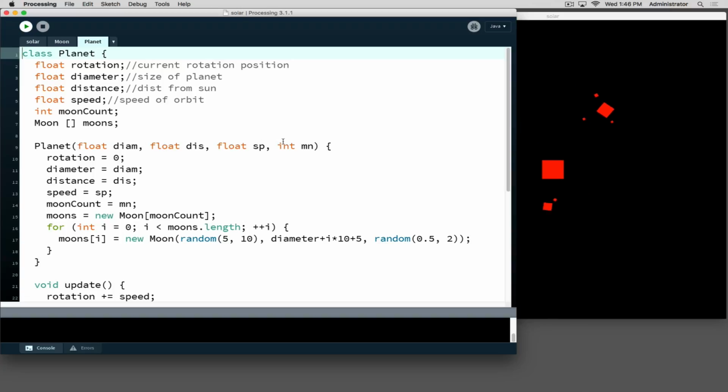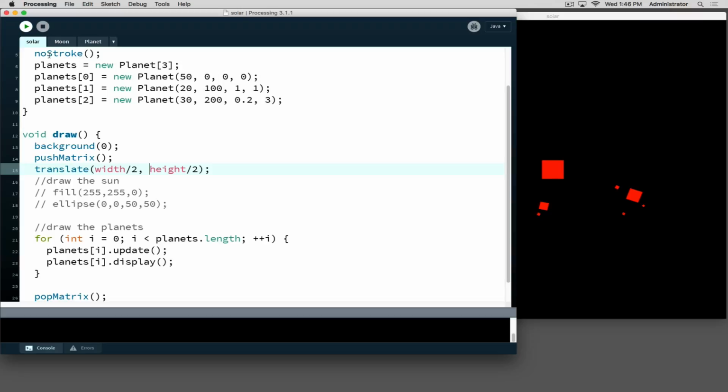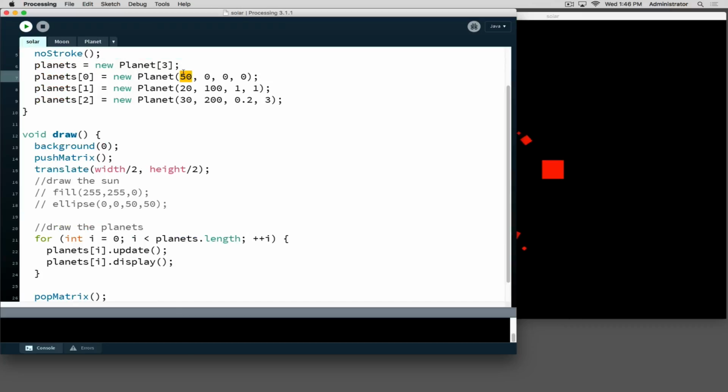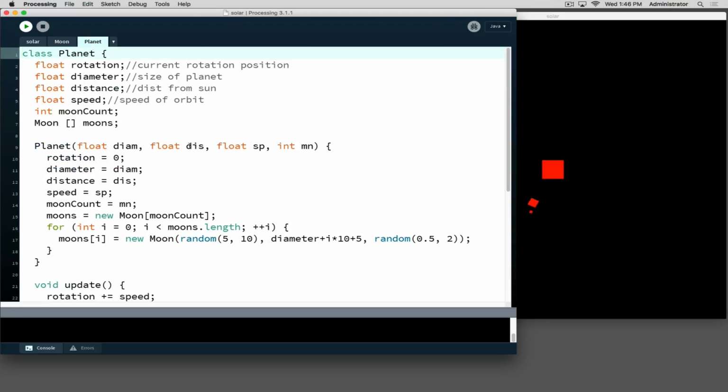Now, if we look at the planet definition, we'll see that it takes a diameter, a distance, a speed, and a number of moons, or moon count. If I go back here, I'll see that the first planet is passed a value in, and that's going to be the diameter for that planet. Then I have 3 zeros, which correspond to its distance from the center of the universe is 0. Its speed is 0.